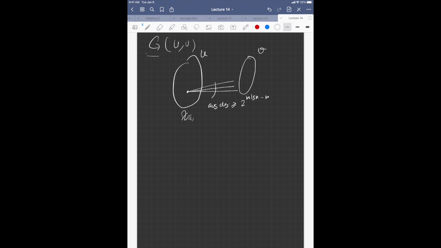So we can prove it this time. This is the general lemma, in its simplest form. Suppose that you have a bipartite graph G(U, V, E), and let d_U be the average degree on the U side and d_V be the average degree on the V side.